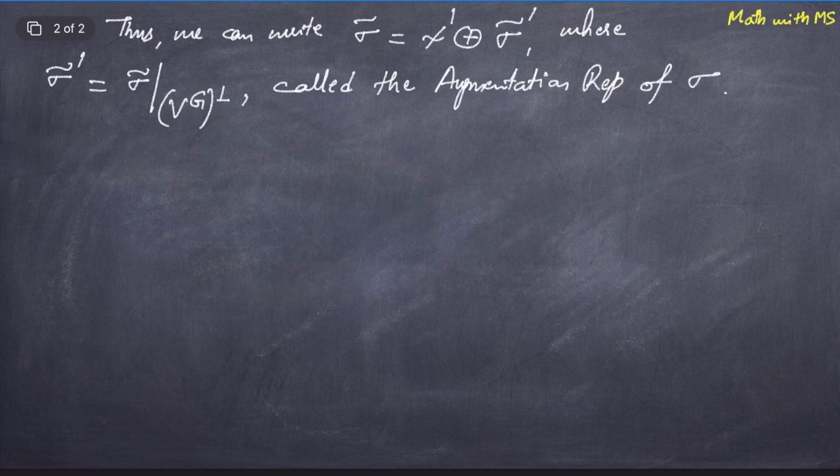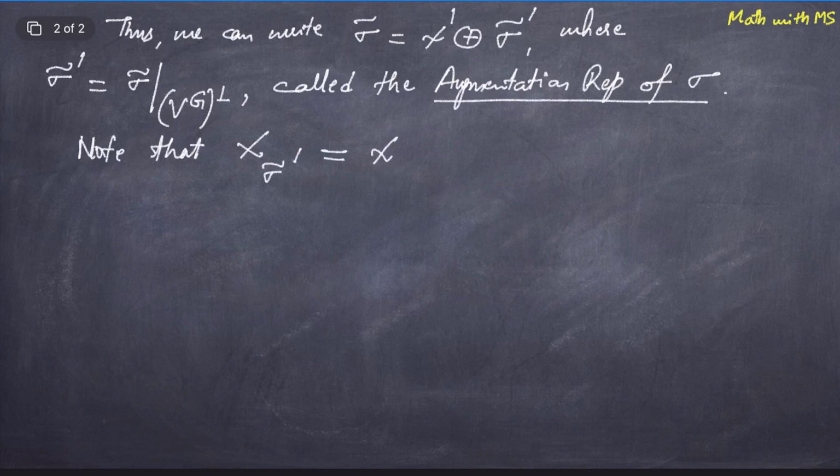So this is an interesting representation. Basically what we are doing is, from the permutation representation we are throwing away the trivial part, and the remaining part is the augmentation representation of sigma. Note that the character of sigma tilde prime from this decomposition is given by the character of sigma tilde minus the character of the trivial representation chi_1, which is chi_1 itself. This fact we are going to use now.